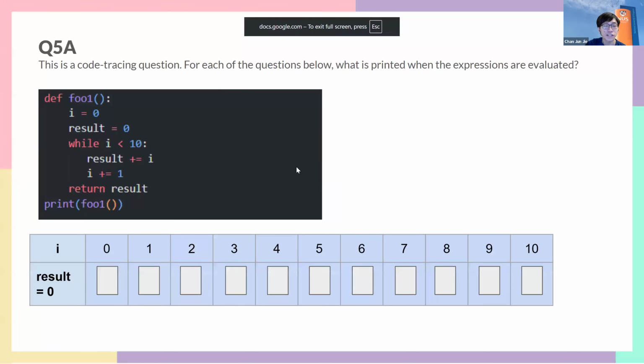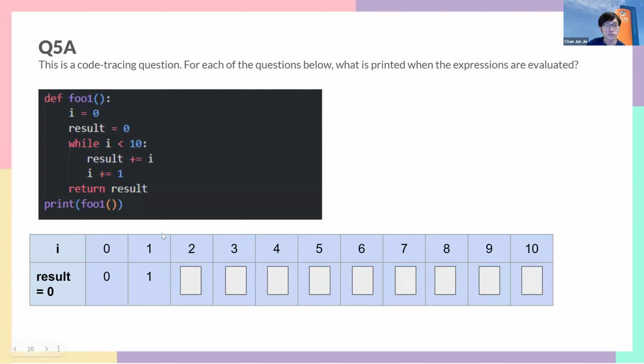For this, I usually like to draw a table to keep track of the values of the variables. So like i and result. i starts out at 0, the looping variable, and the result. So this while loop will start from 0, right? And it will keep looping while i is less than 10. So first, i will be incremented by 1.